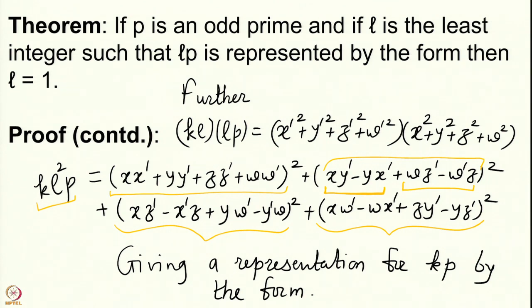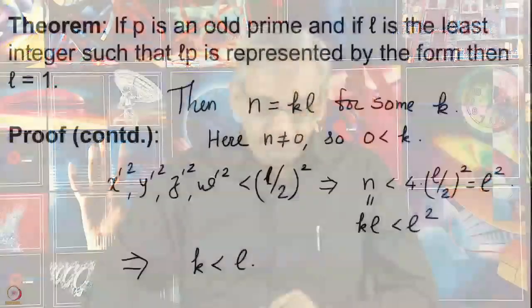That means if you divide by L square, you get an integer square. Each of the terms in the bracket is divisible by L. So each of the terms divisible by L is an integer, and therefore you are going to get a sum of 4 integer squares equal to k into p, but k is less than L. This is something that we have already observed.